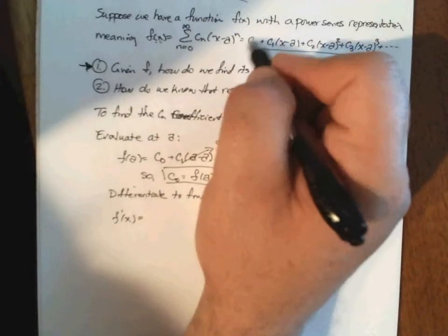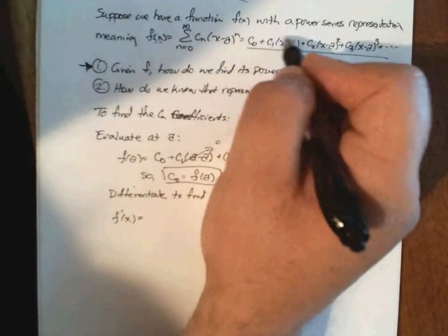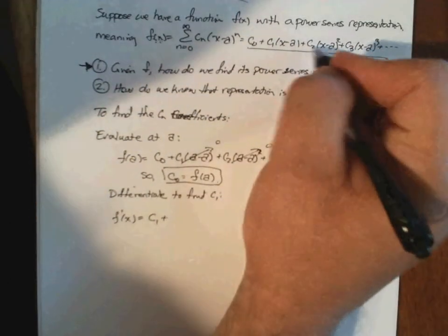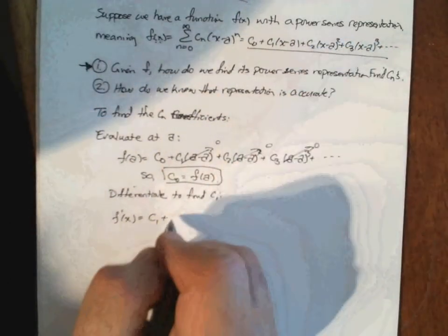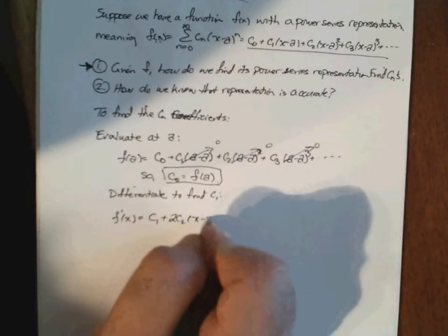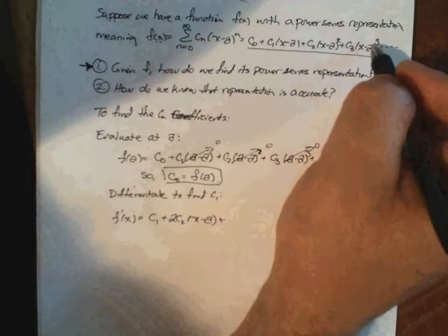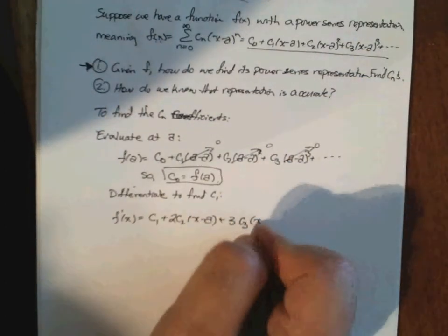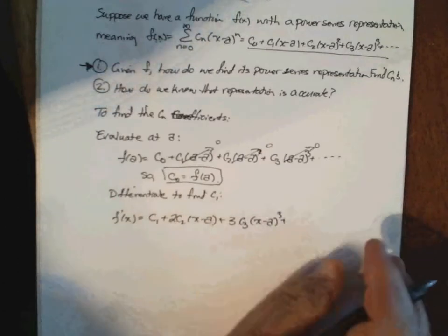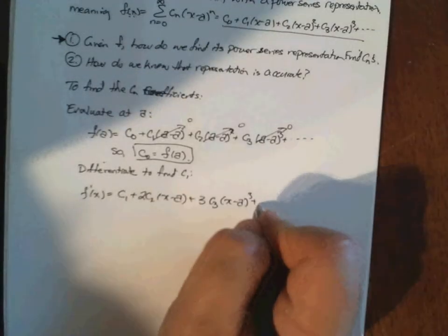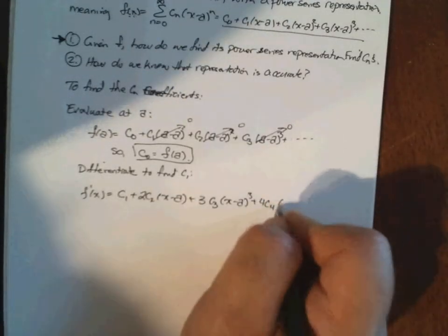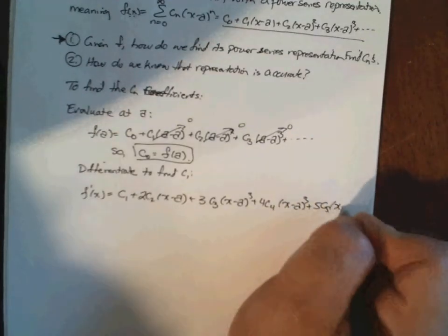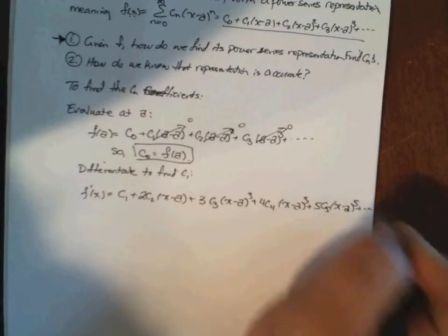You differentiate it, it goes away. Here, the derivative of the constant c1 times (x minus a) is just going to be c1. c2 times (x minus a) squared, the 2 comes down. The power is now at 1. c3 times (x minus a) cubed, the 3 comes down. And you can imagine what future power terms are going to look like. 4c4 times (x minus a) cubed, 5c5 times (x minus a) to the 5th, and on, right?